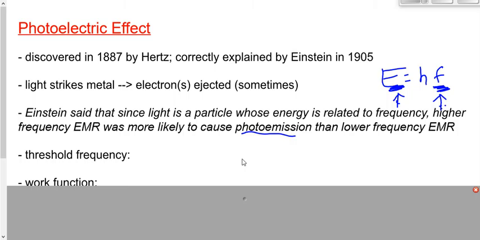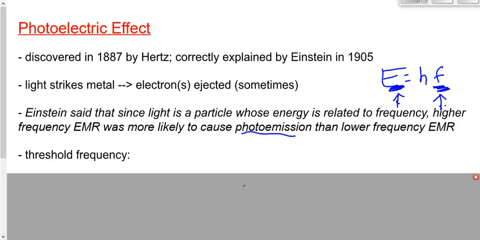Now, yesterday when we were doing our little demonstration, we alluded to this term that I'm about to define for you right now. We call it the threshold frequency. If light is not causing electrons to be ejected, and you want electrons to be ejected, then you need to increase the frequency. That insinuates that there's got to be a minimum frequency at which electrons will become ejected.